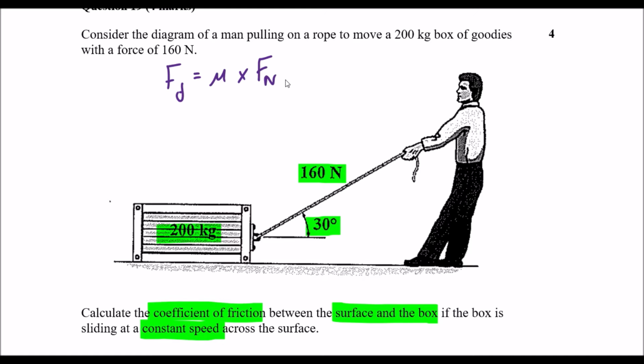Now, in this case, the normal force is the component of our gravitational force coming down here, but also the vertical force that we're applying as we move the object upwards. So let's just call this 160, because that's the magnitude we use, and sine 30, that's the actual vertical component that we have here.